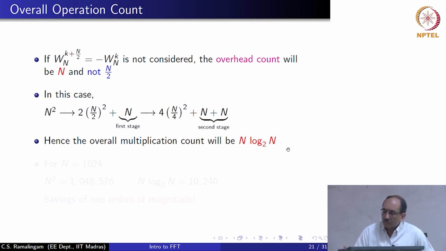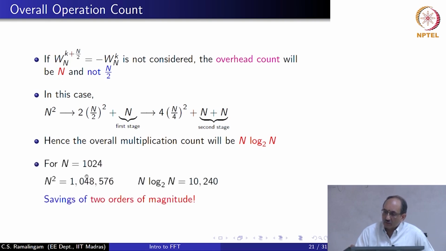And remember, we talked about a sequence that was 1000 long, and then we realized it was 10 power 6 in terms of operation count. Let us consider 1024, because this is the nearest power of 2 to 1000. N square is 1 million, n log n is 10,000. So you have saved 2 orders of magnitude, which is no laughing matter.